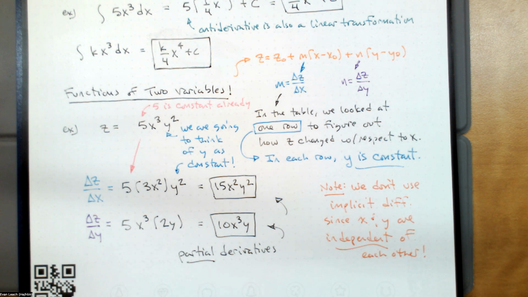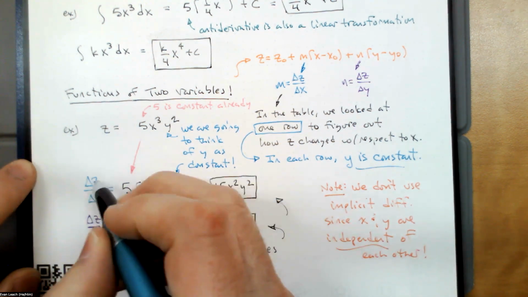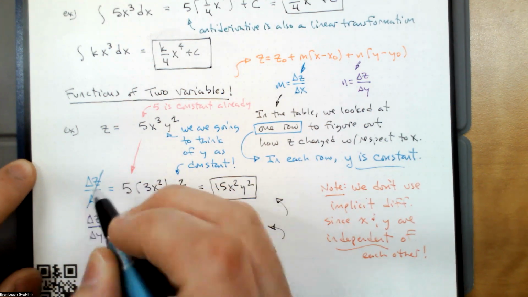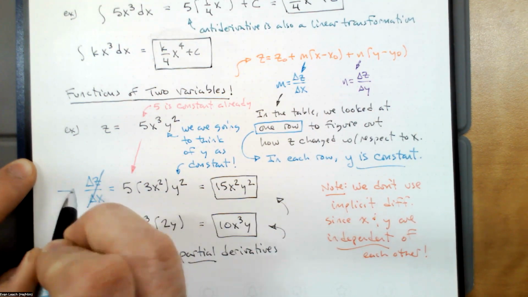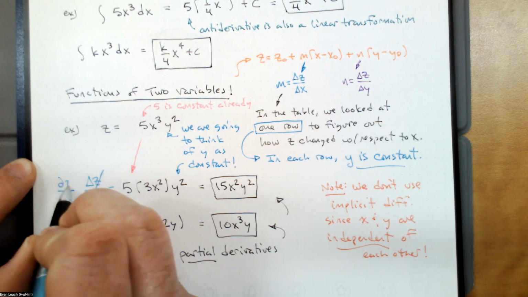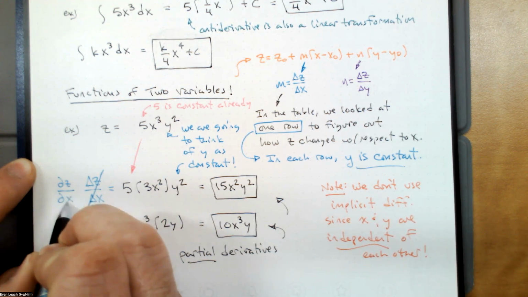Also, delta z over delta x is only going to work if z is like a linear function. We want not average rates of change, we want instantaneous rates of change. So instead of delta z over delta x, we're going to say dz dx. But we're doing partial derivatives, so we're going to write a different version of d. So instead of saying delta, we're going to write dz dx.